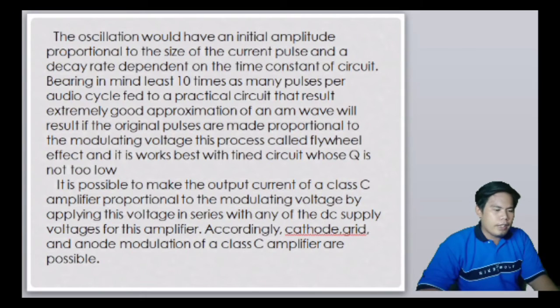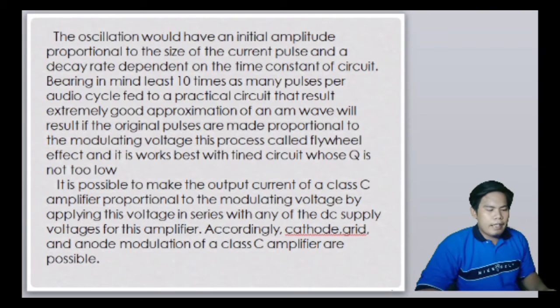Fed to a practical circuit, the result is an extremely good approximation of an AM wave if the original pulses are made proportional to the modulating voltage. This process is called the flywheel effect, and it works best with a tuned circuit whose Q is not too low.